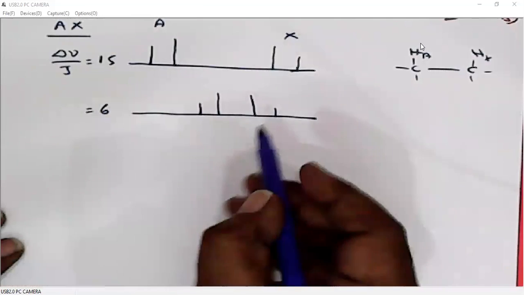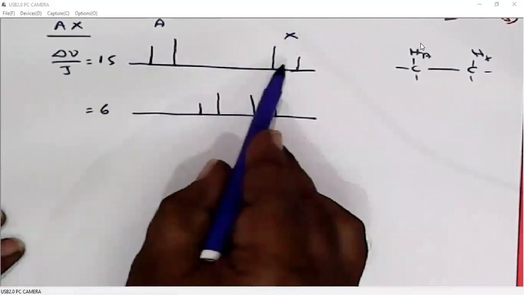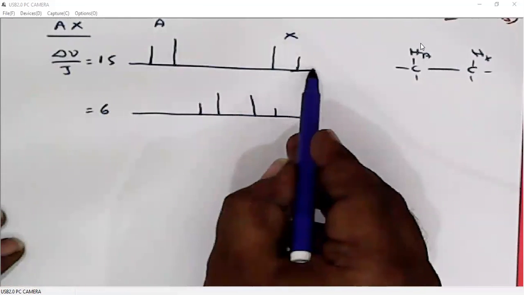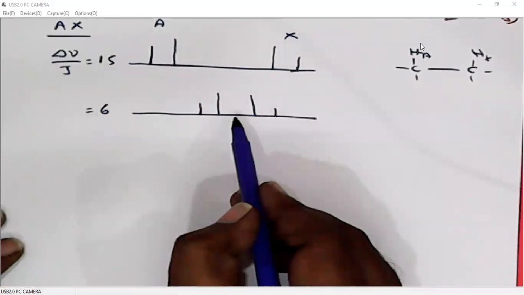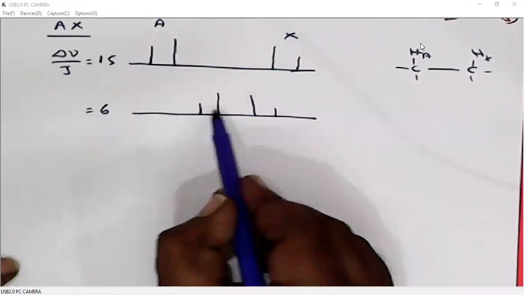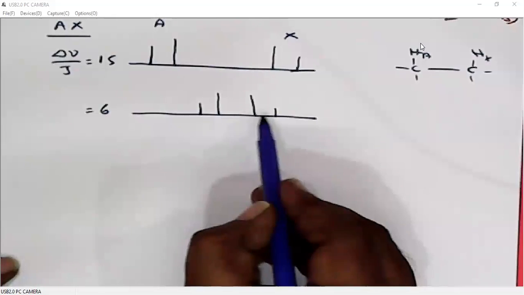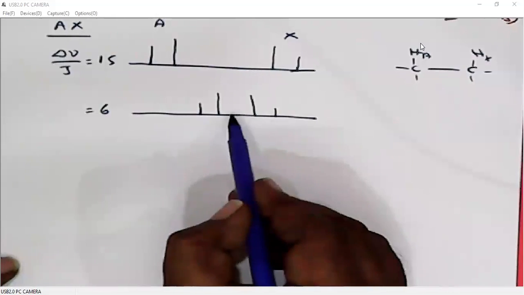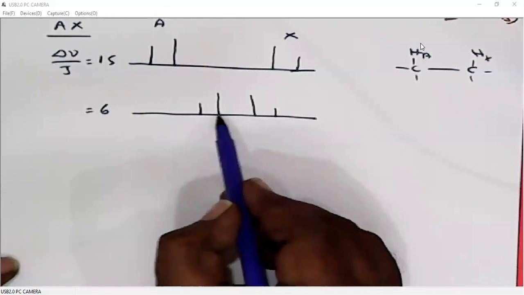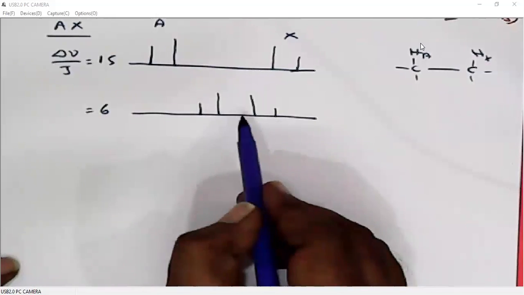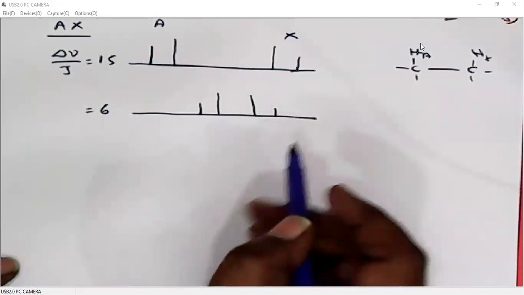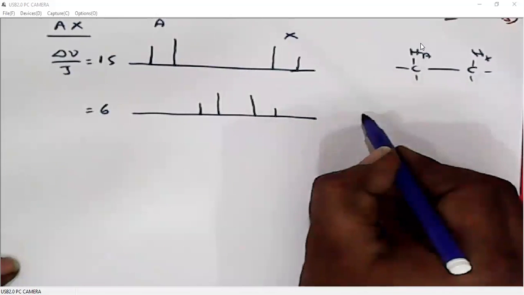When we do that, what is happening? It is not a clear doublet like in the previous case. It becomes a little bit complex. Though these two doublets are looking clear, the delta separation between them is very small, so they become a little bit complex. Now we can say it is second order.